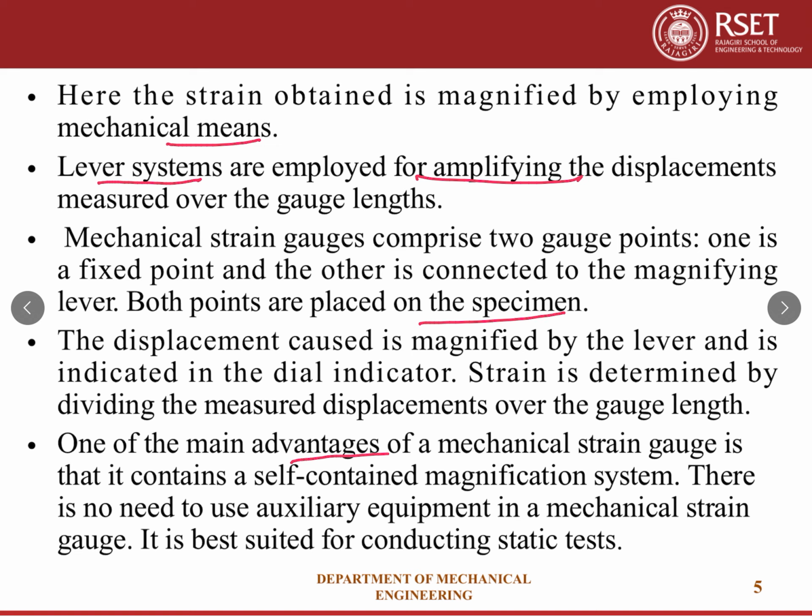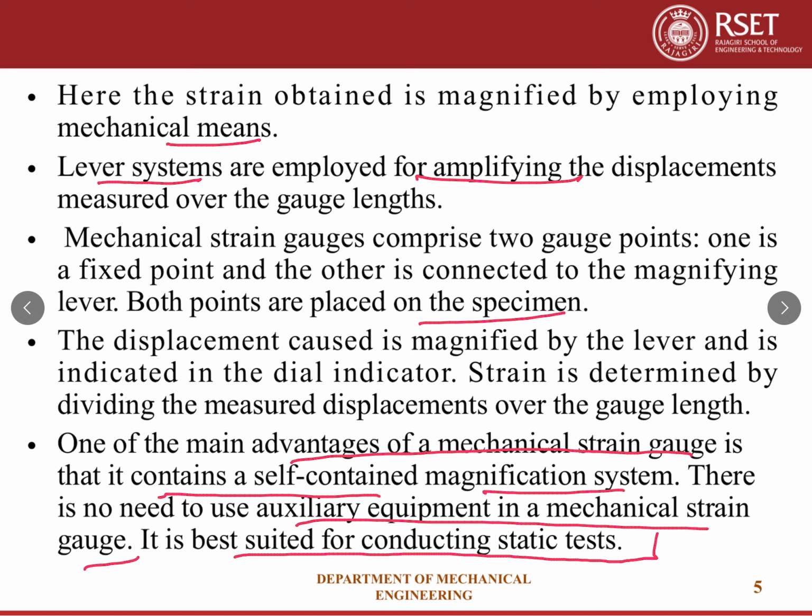Main advantage of mechanical strain gauge is that it contains a self-contained magnification system. There is no need to use auxiliary equipment in mechanical strain gauge. So it's best suited for conducting static tests. So the main point we have discussed here is Berry strain gauge. It's a mechanical one.